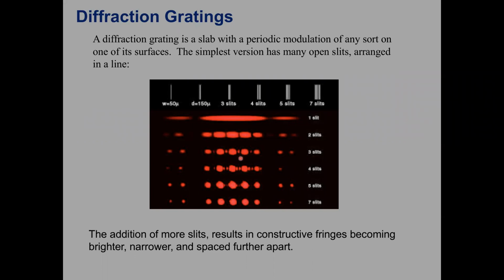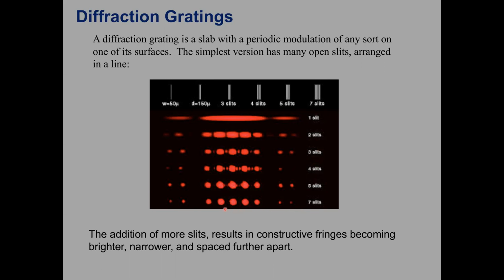The more and more apertures you add to the transmission surface, you get smaller and separate constructive fringes that are spaced further apart and are brighter. So you can definitely see this pattern forming as you add 3, 4, 5, and then we jump to 7 slits here.